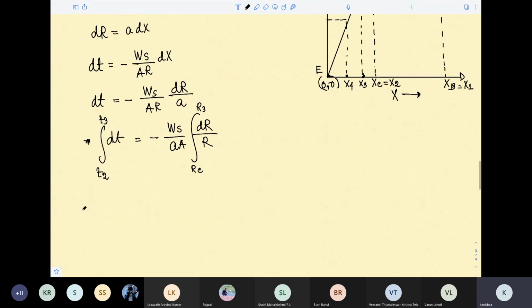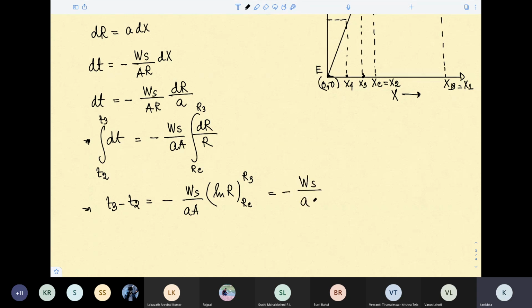So that means T3 minus T2 equals minus WS by capital A, ln RC by R3, right?